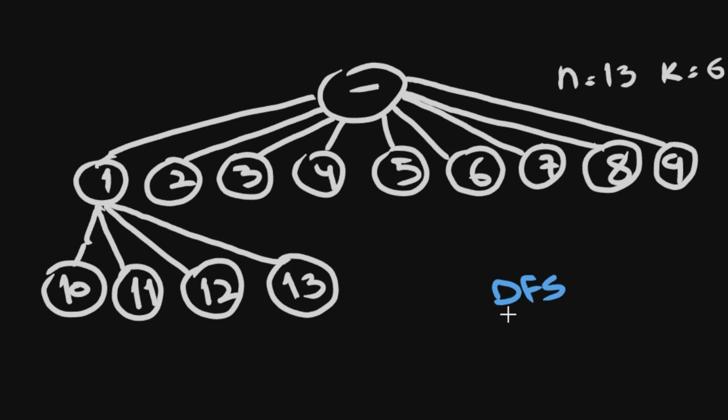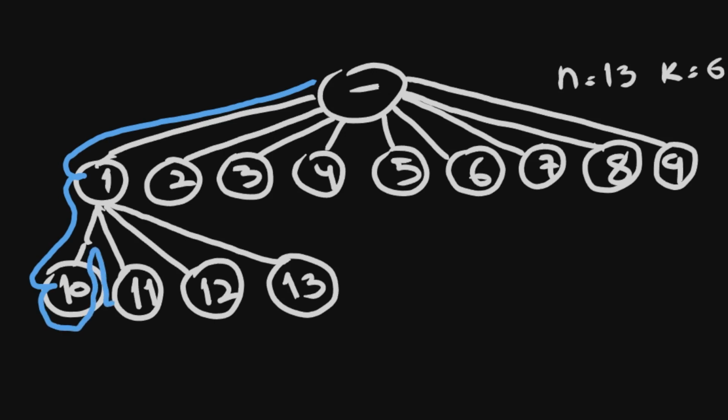So let's see what pre-order traversal DFS is. We start from the root and we go in this direction, and each time we visit the nodes from the left. So we start from the root, we go here, we visit 1, then we continue, we visit 10, we continue, we visit 11, then we visit 12, then we visit 13, then we visit 2, then 3, and so on.